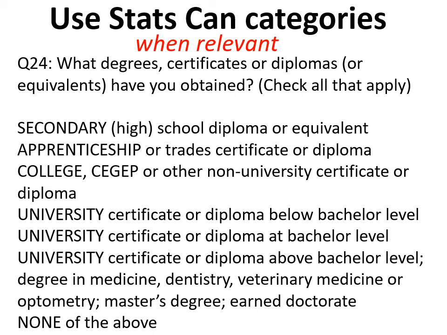So these are all the choices that can be selected from in that survey that we ran. And these categories line up identically with the 2016, and actually I think the 2011, and I also believe the 2006 and the 2001 and the 1996 and probably 1991 and maybe even further back than that, categories used by Statistics Canada.